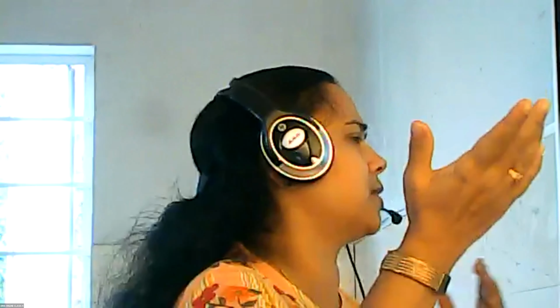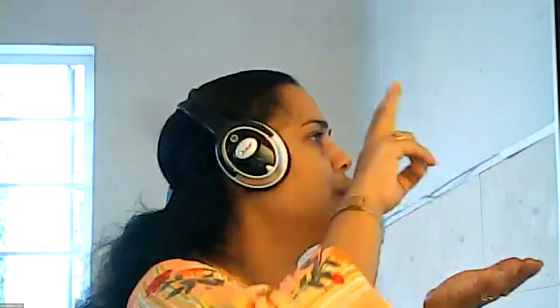Okay, children, what are we learning now? Ratio and proportion. What is ratio? Ma'am, ratio is the comparison between two quantities. Comparison between the quantities. Comparison means how many times. Suppose your height is 4 feet and your father is 6 feet.